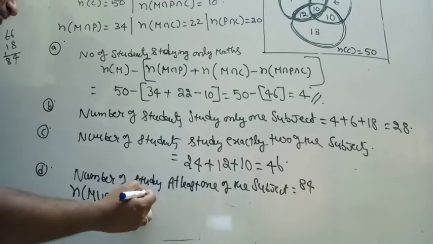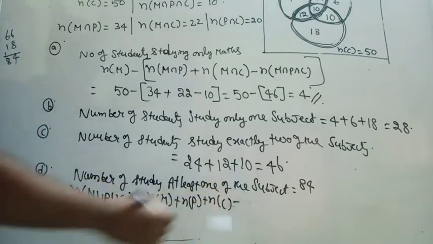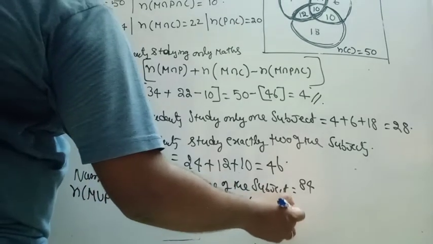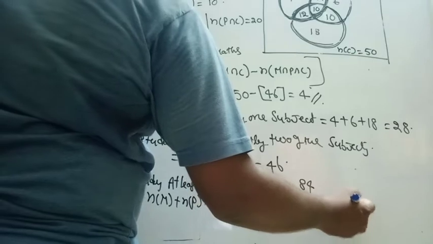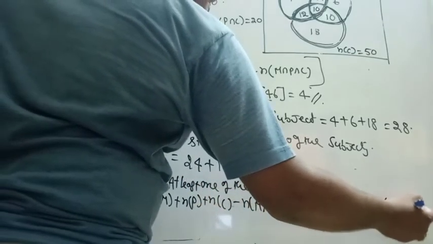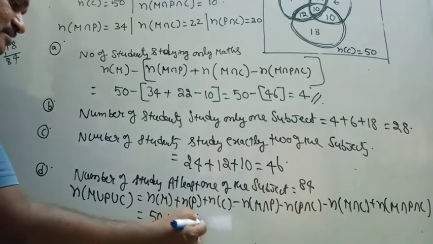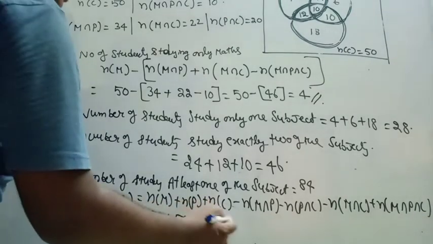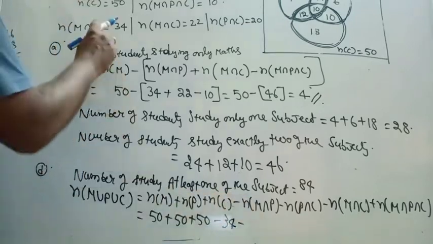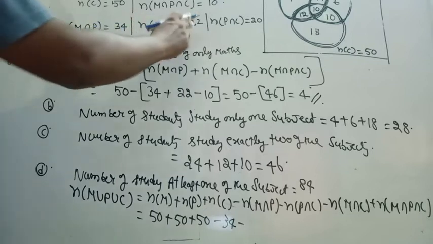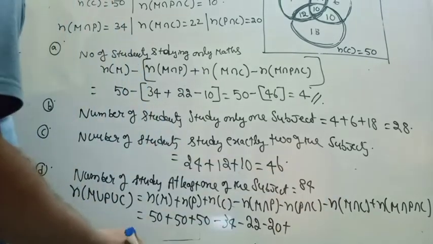You know the formula: n of M plus n of P plus n of C minus n of M intersection P minus n of P intersection C minus n of M intersection C plus n of M intersection P intersection C. If you do this also, you will get the same answer, 84. n of M is 50, plus 50 here, minus n of M intersection P, which they have given as 34, minus 22, minus 20, plus n of M intersection P intersection C, which is 10.